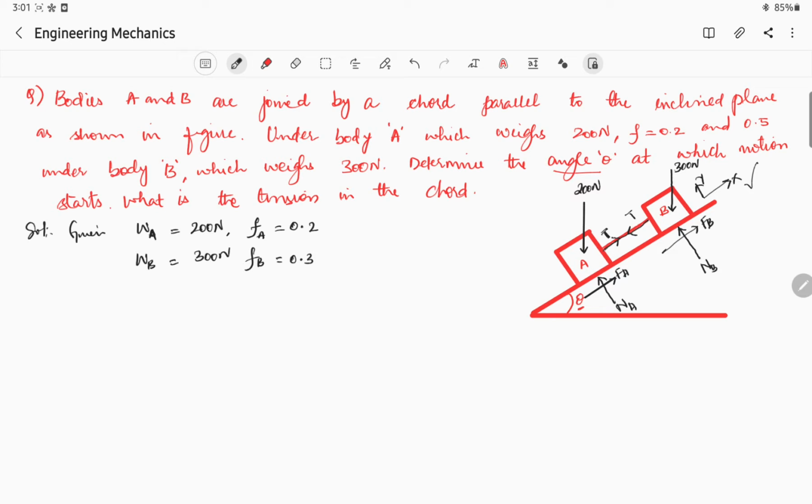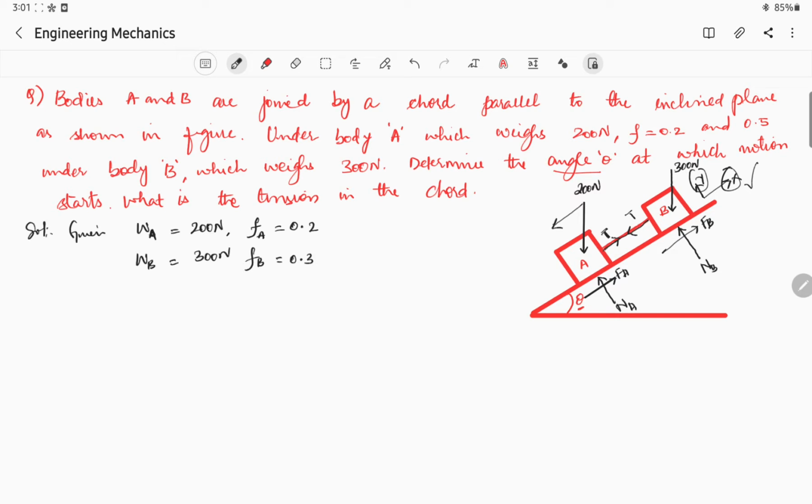Since the forces are inclined, see, the vertical forces are actually in which quadrant? Draw your x and y axis here. It is going in third quadrant, right? So we have to take the components of these two inclined forces.